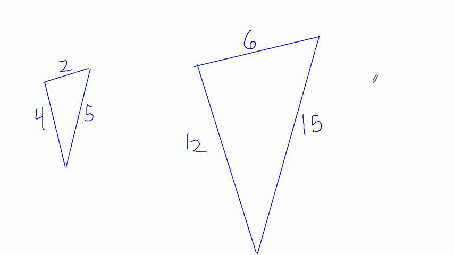Okay, so I've drawn two triangles with the side lengths listed. And again, without any information about the angle measures, can you determine whether or not these two triangles are similar? So pause the video if you have to, but work that out now, please.